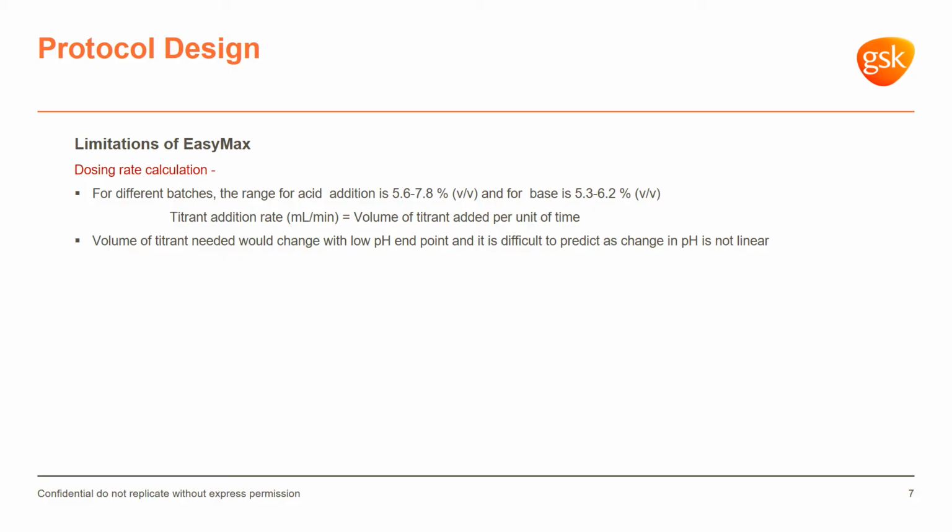When you're adding the entire acid titrant within 5 minutes, you have to have a very high dosing rate. And when you're trying to do the same thing over a span of 30 minutes, the dosing rate is really low. We wanted to test the end ranges of this dosing rate to make sure that we were able to achieve the target pH range at the stirring condition.